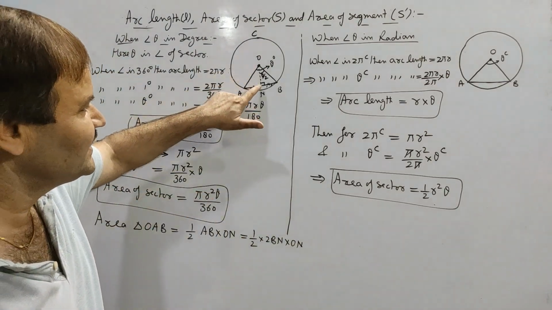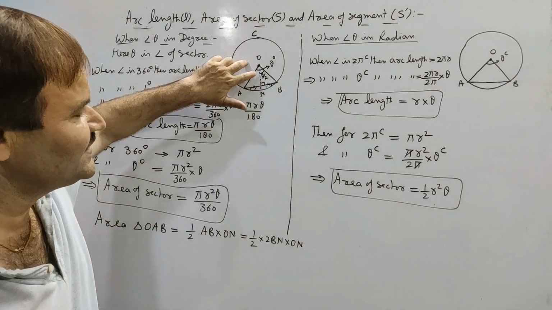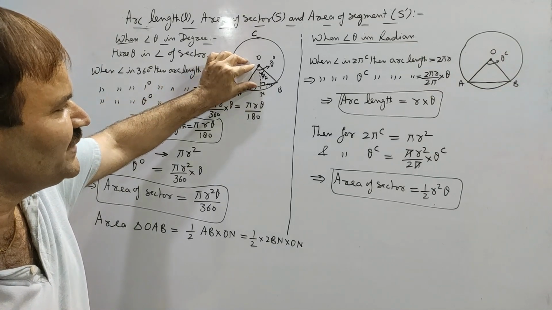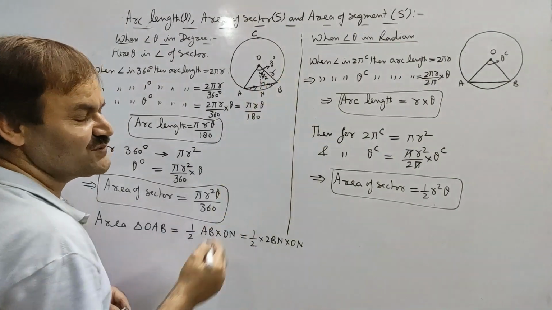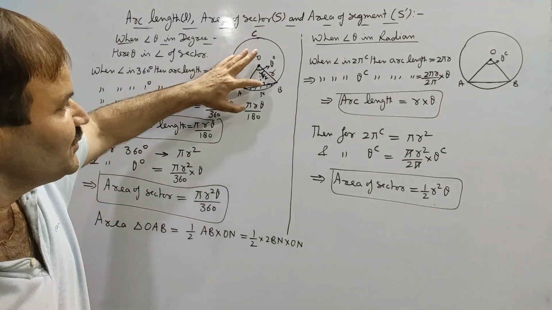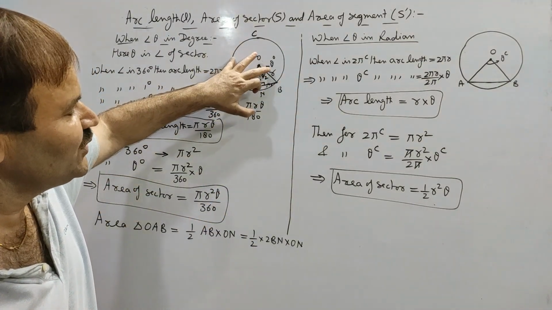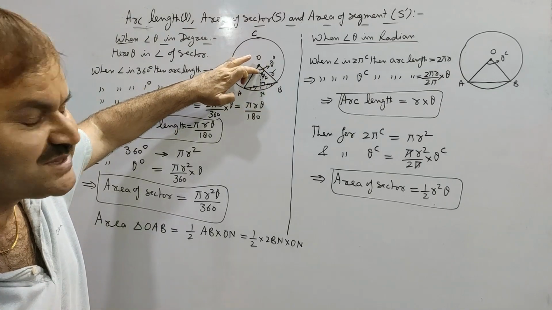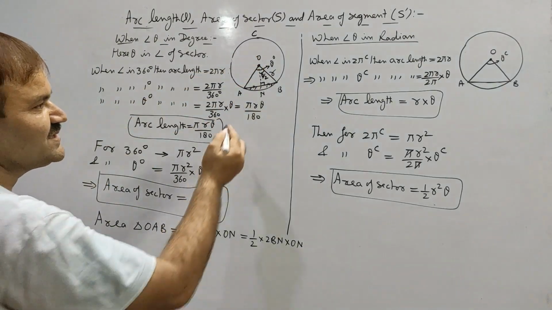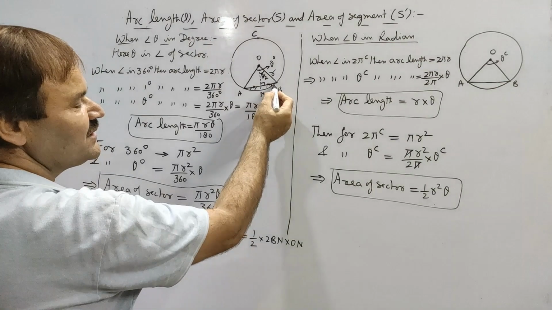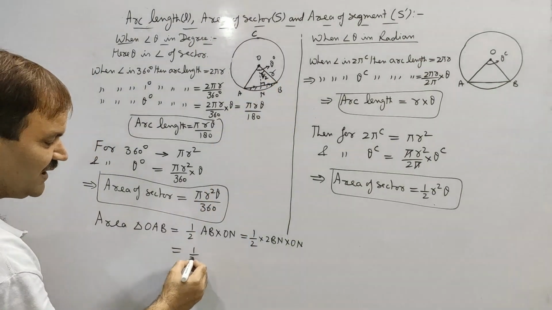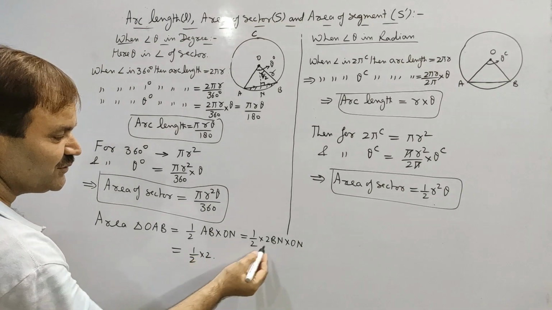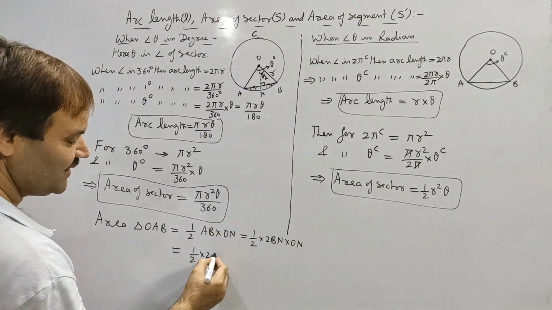Now using this triangle and angle theta by 2, we can find out base and perpendicular in terms of radius of circle R. Perpendicular is equal to hypotenuse into sin theta. So it means BN will be hypotenuse into sin theta by 2. This is equal to half into 2 into BN, which is R sin theta by 2.